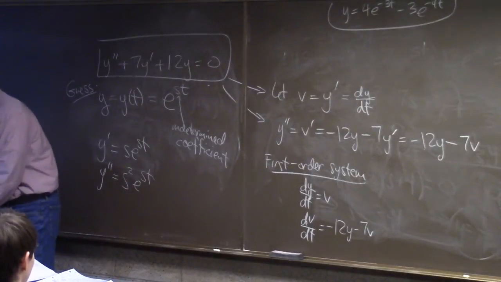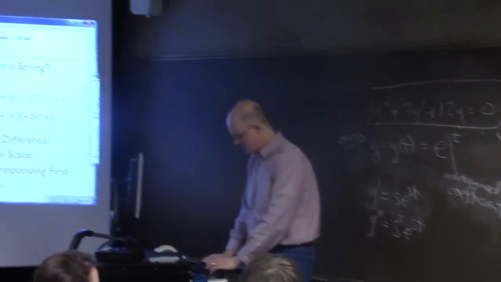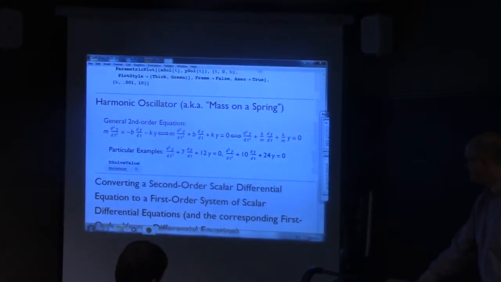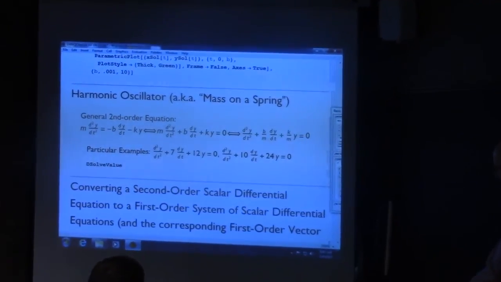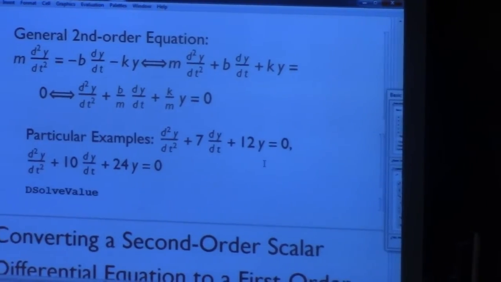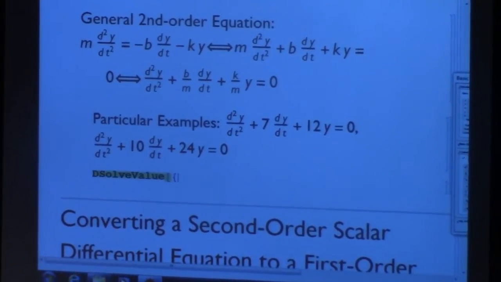Let's use Mathematica to solve both of these things. We'll go ahead and use DSolveValue. These are linear equations, and DSolve and DSolveValue have no problems with those. I don't need to use NDSolveValue. You can type it in.